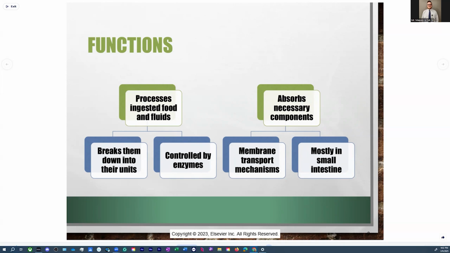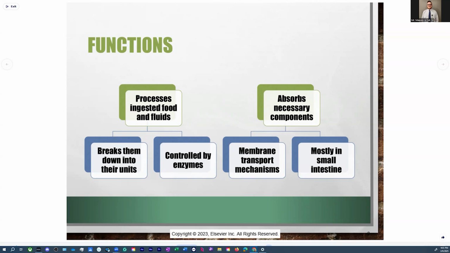Protein, fat, and carbs all have smaller chemical components that we actually utilize, and you should have a general idea of that. Protein is made of amino acids, fats are made up of different kinds of lipids, and carbs, or sugars, are made up of different saccharides. Basically, these are the molecular structures of them at the smallest scale.